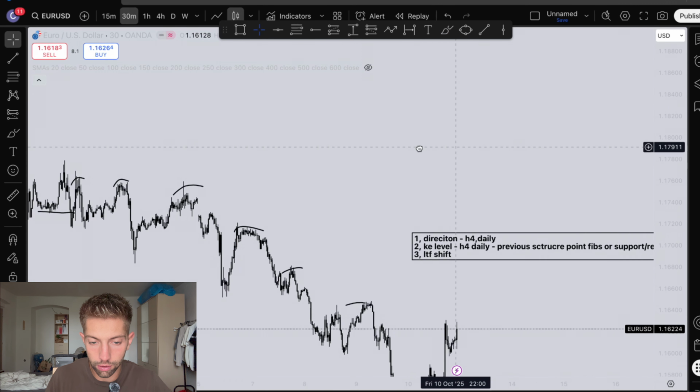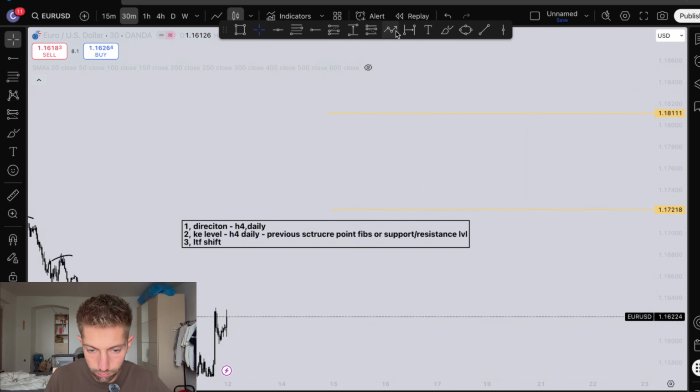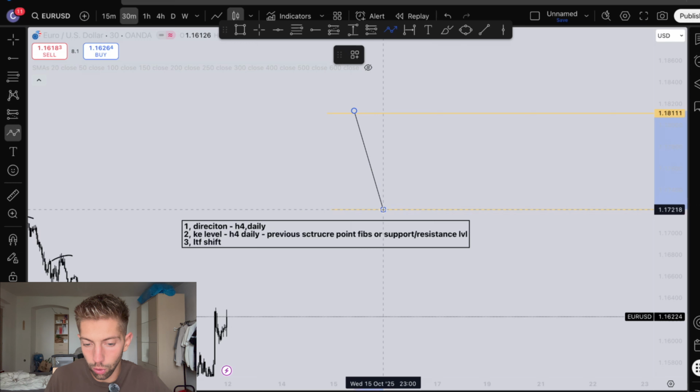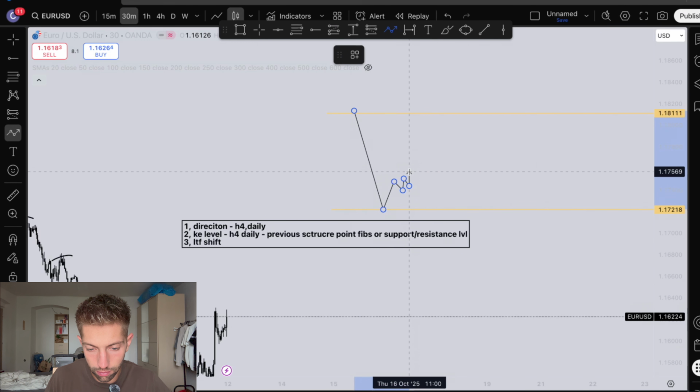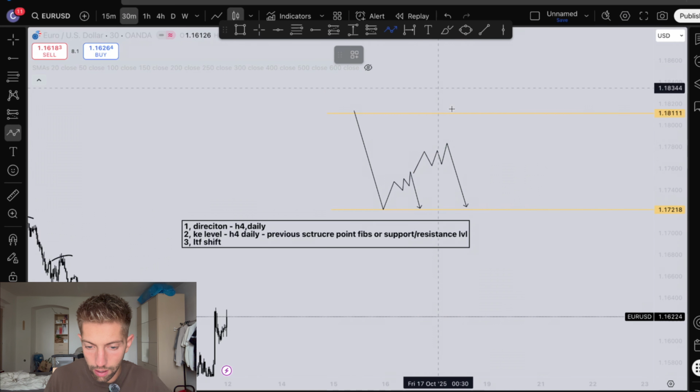The lower time frame structure shift, let's call it, this is the swing high, this is the swing low. Okay, and the lower time frame structure shift can happen here to go down, it can happen here, which happened here, and it can happen here.